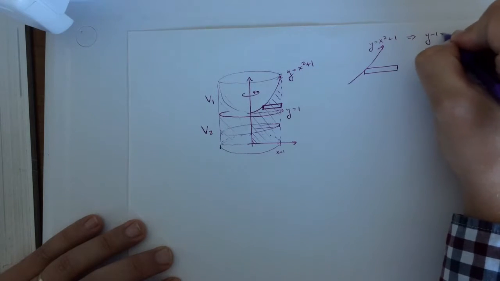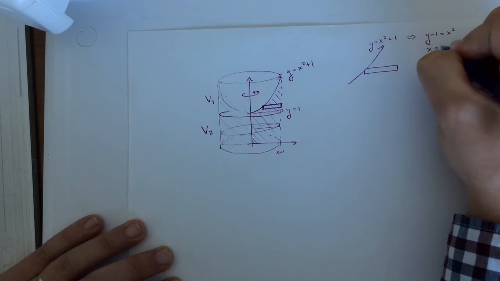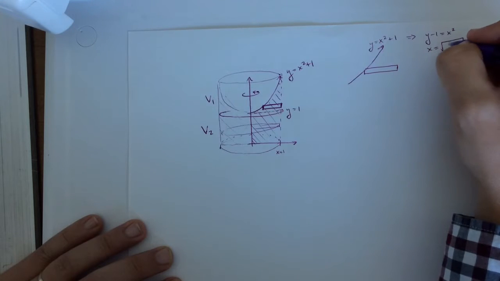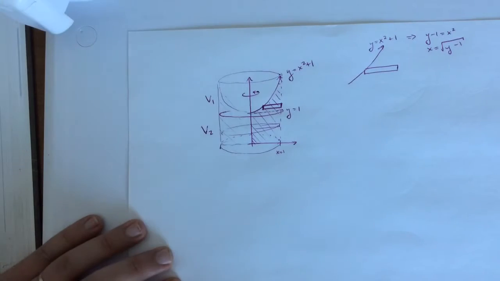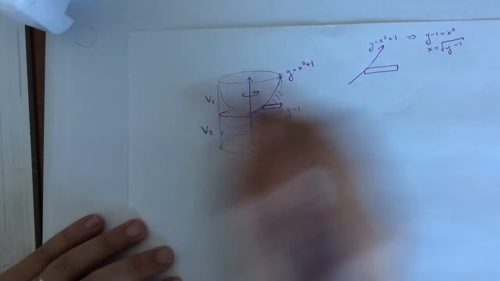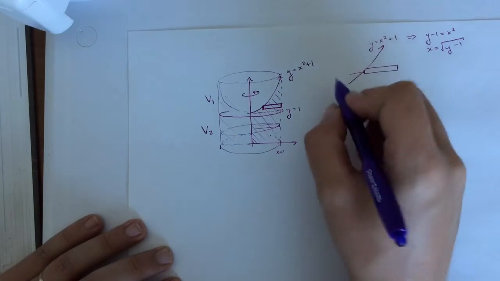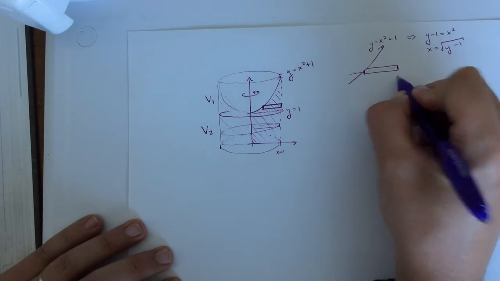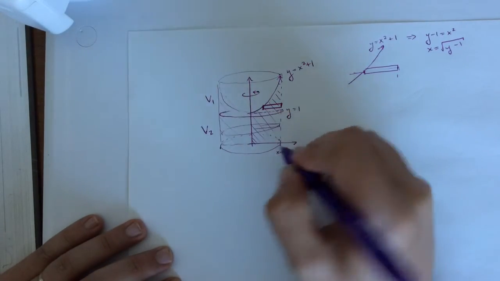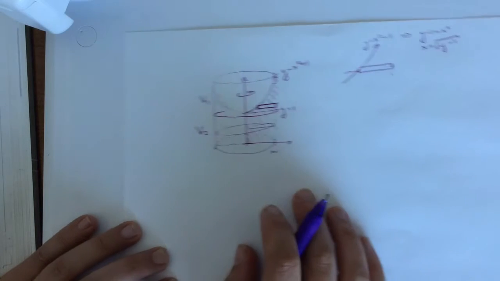I can subtract 1 from both sides and then take the square root to get x equals the square root of y minus 1. So that's my minor radius. My major radius is just 1 because this line is x equals 1.